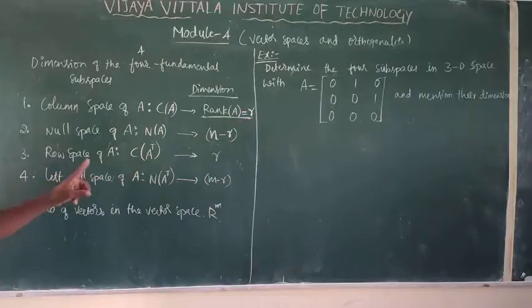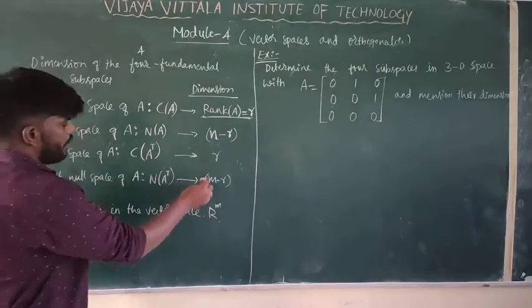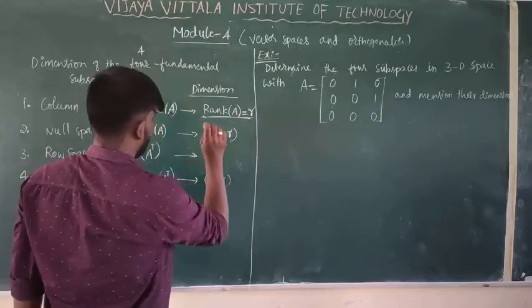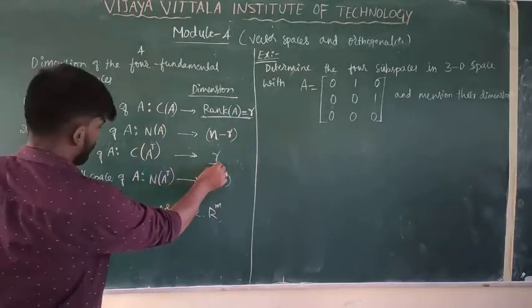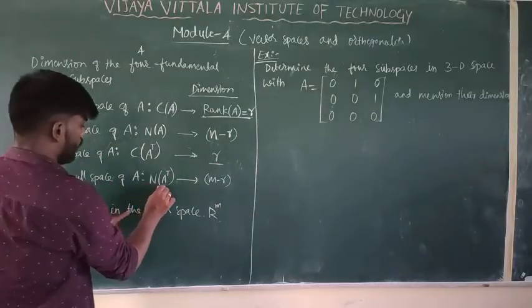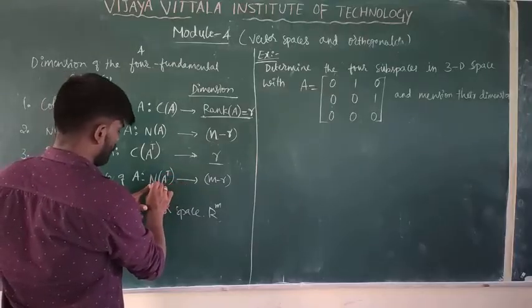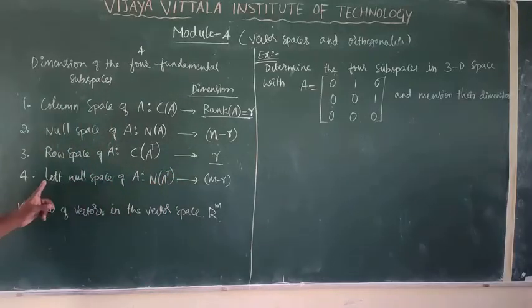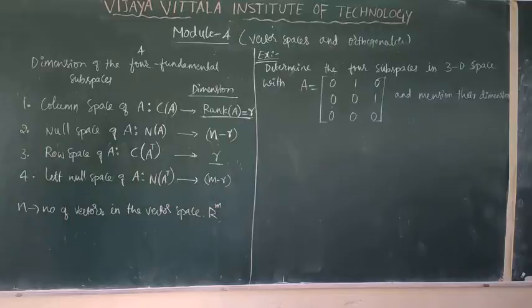The row space of A, which is denoted by C of A transpose, has dimension r, the same as the dimension of the column space, which is the rank. And the left null space of A is the null space of A transpose. The dimension is m minus r.